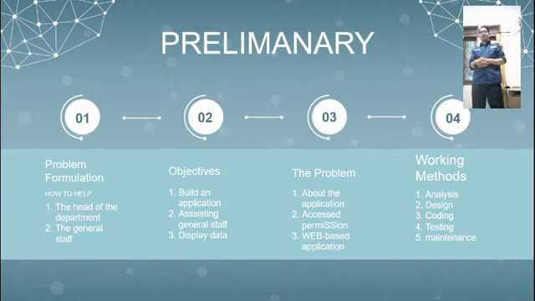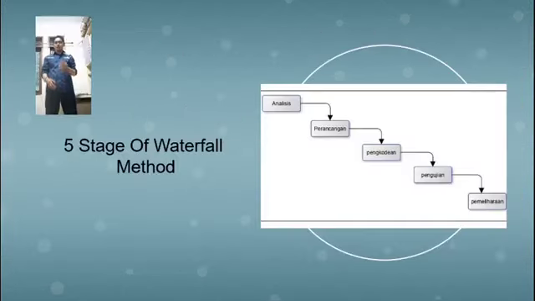The working method here is the waterfall method, which I will tell you about in the next slide. The five stages of the waterfall method are analysis, perancangan, pengkodean, pengujian, and pemeliharaan.